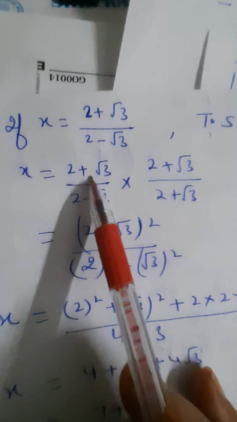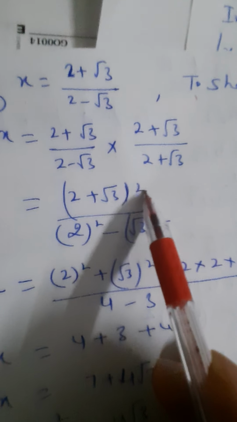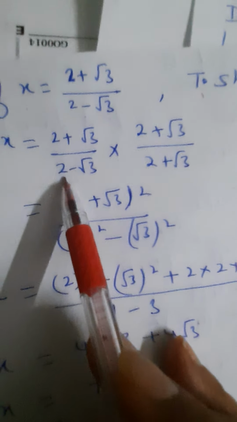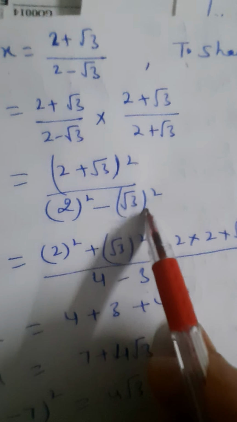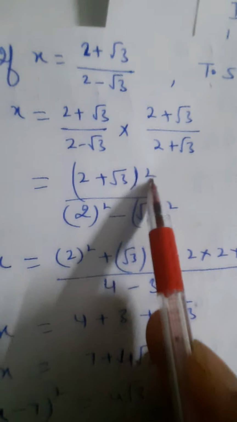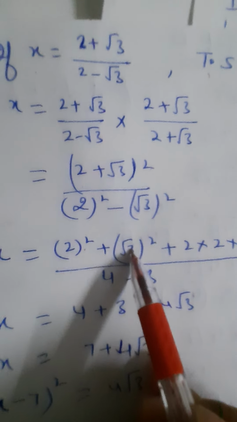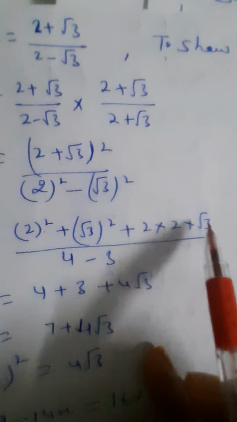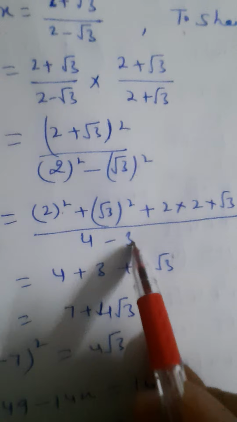So we can see 2 plus root 3, 2 plus root 3, that is 2 plus root 3 whole square, and in denominator a minus b, a plus b, that is a square minus b square. Now in numerator, as I can see, a plus b whole square, it means a square plus b square plus 2ab, and in denominator 4 minus 3.